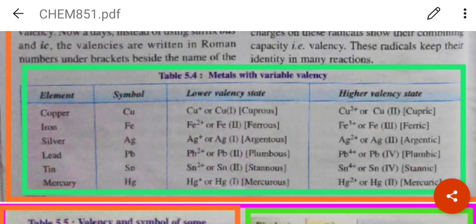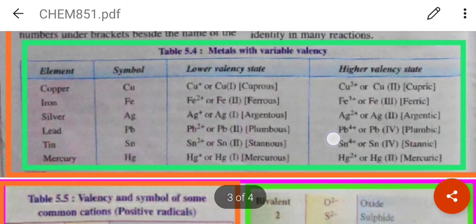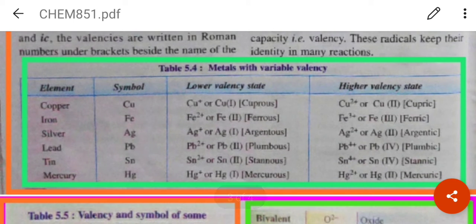Similarly for iron, Fe2 plus or Fe Roman 2 ferrous, which has valency 2. And if valency is 3, then Fe3 plus, Fe Roman 3 ferric. Similarly for silver, argentous or Ag1, argentic or Ag2.